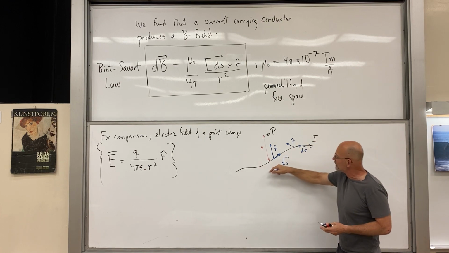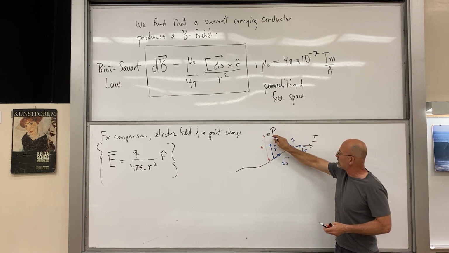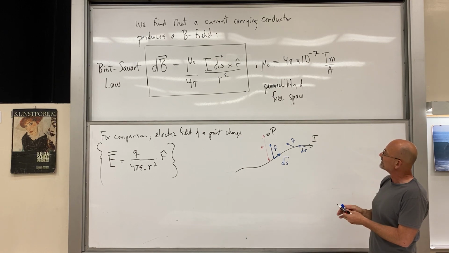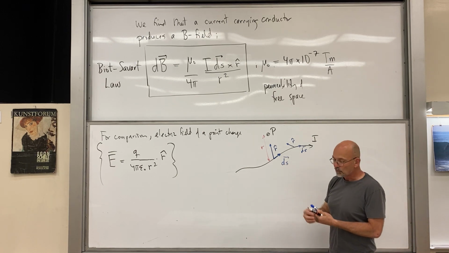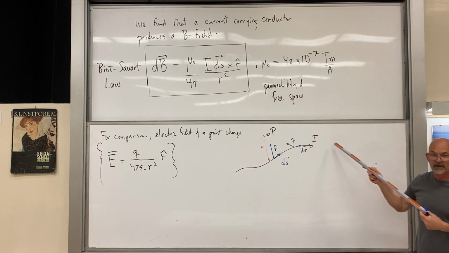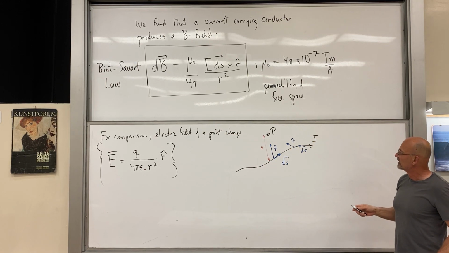So this current being in the plane means that that contribution is also going to be out of the board. And to get the entire field due to this wire, you would have to integrate along the entire wire, whatever it's doing.